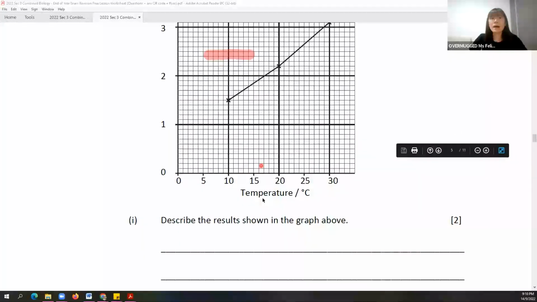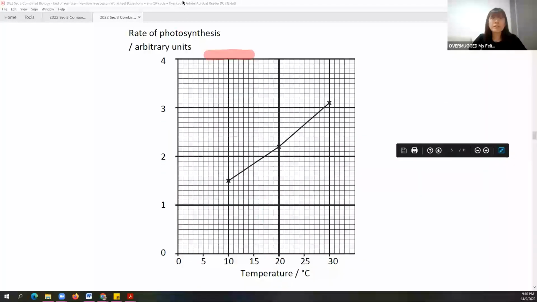This one is about how temperature affects the rate of photosynthesis. So maybe you flip to my notes. I think I have this page on how temperature affects the rate of photosynthesis, because I listed out the factors affecting the rate of photosynthesis.